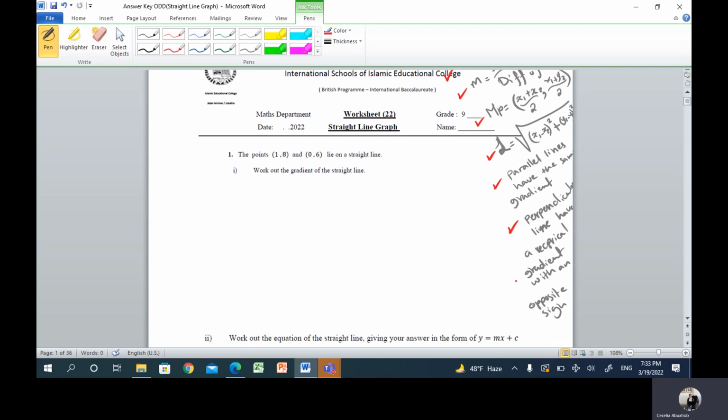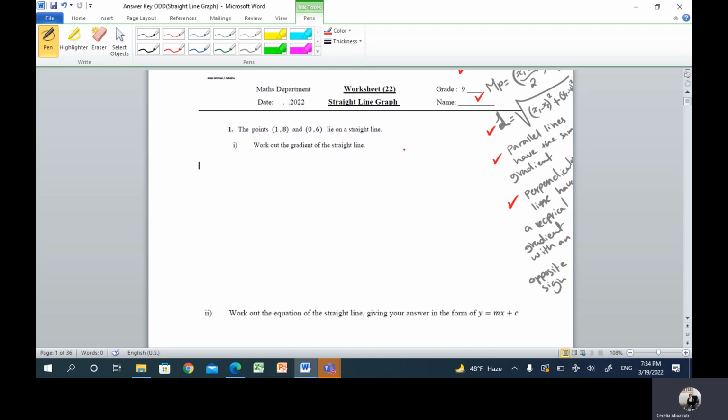Let's start together, and every single time I answer a question, I'm going to refer to these facts so that you can always memorize them and have them as a reference in answering any question that is related to straight line graphs. And as usual, I'm going to start with the odd questions.